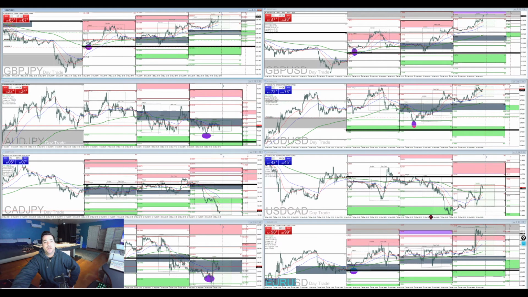Yeah, you can see how the Euro USD perfectly reached both its targets, daily and weekly. And pound USD reaching both of its targets. The weekly is right here. That's where we took profit, right here. And this is the daily right above it in that purple color.